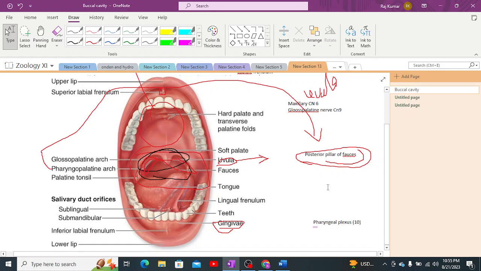After which we have another part known as the tonsillar fossa.